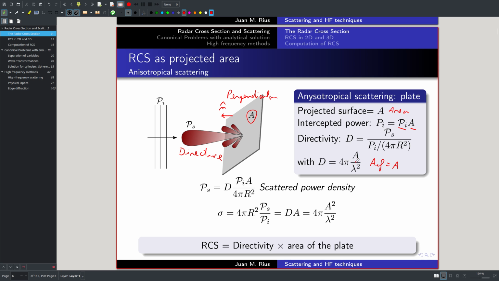In this case, the aperture is the plate, so the directivity is 4 pi effective area over lambda square.